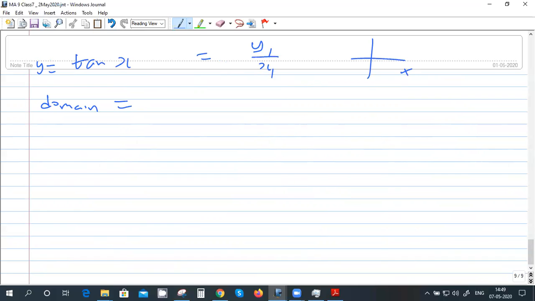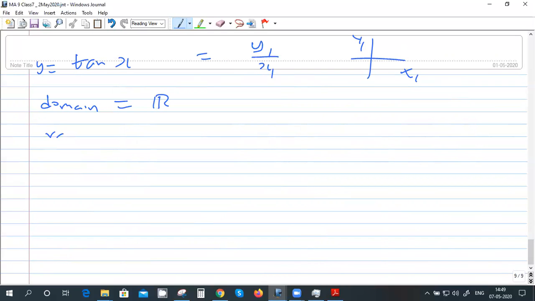What about tan x? y equal to tan x. Domain is what? Real numbers. Tan is y by x, right? So domain, is there any restriction? No. It is the entire real line.